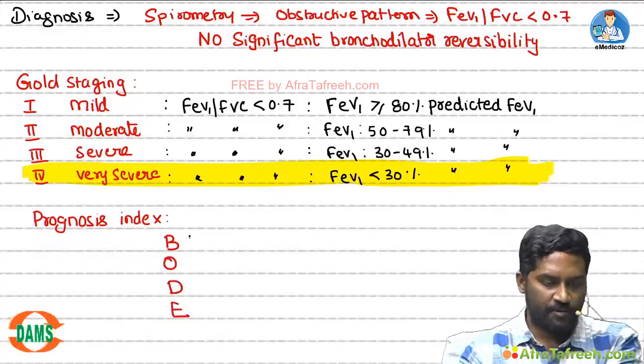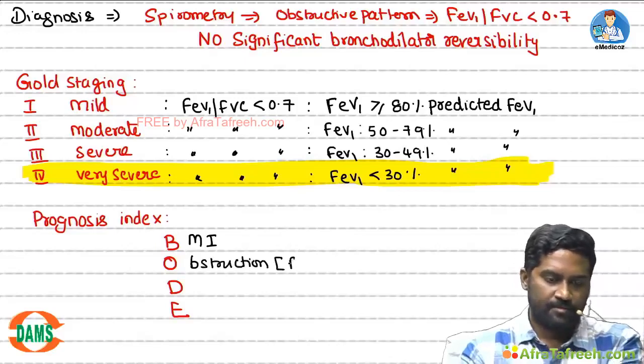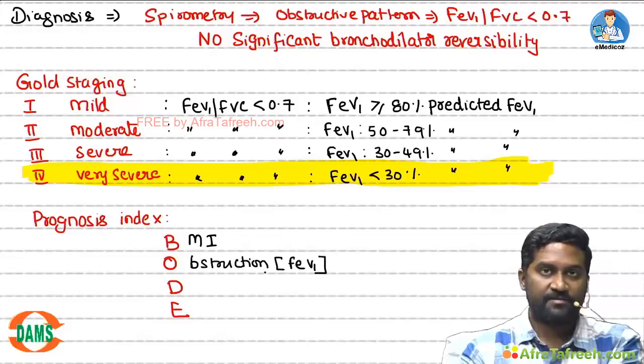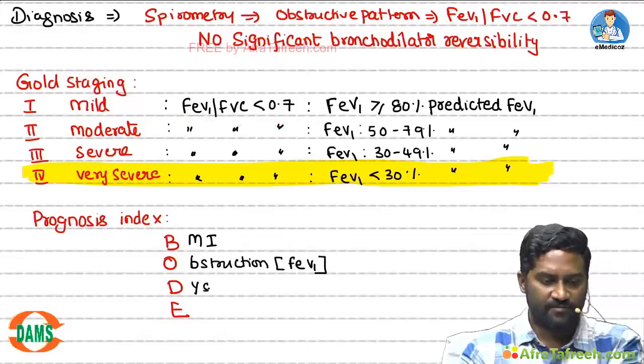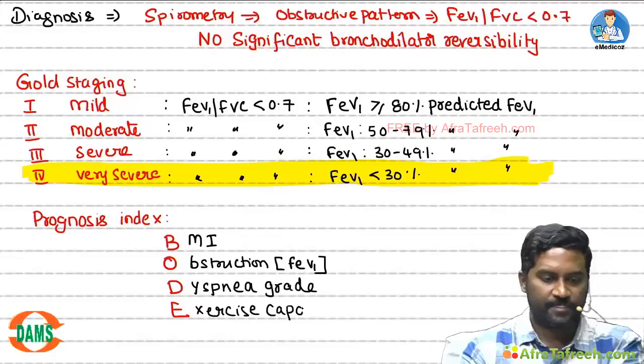B stands for BMI, body mass index. O stands for obstruction by knowing the patient's FEV1. D stands for patient's dyspnea grade. E stands for patient's exercise capacity.